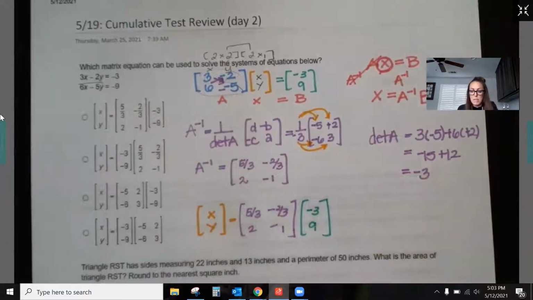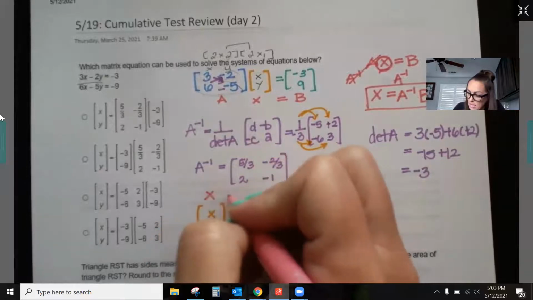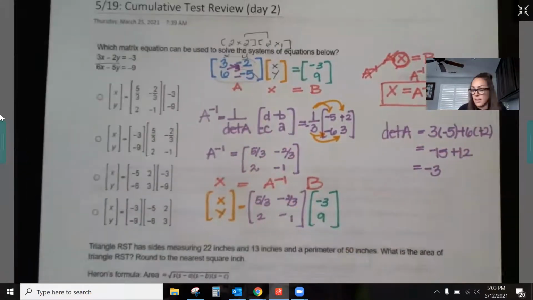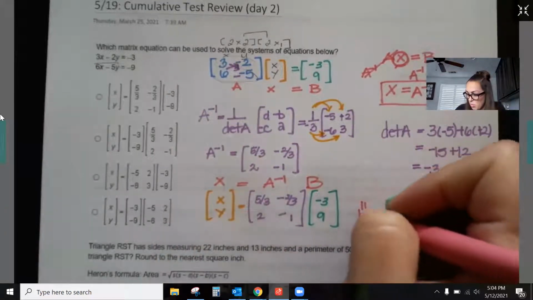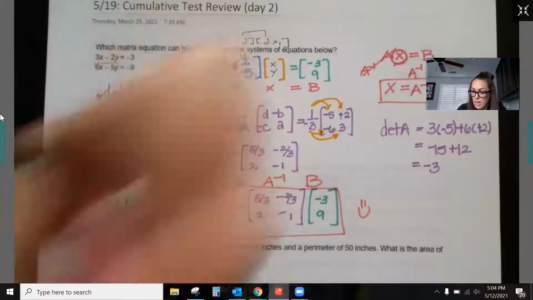So again, this is matching my equation up here. X is equal to A inverse times B. So here's my solution. We're done. That's going to match up with this first one right here.